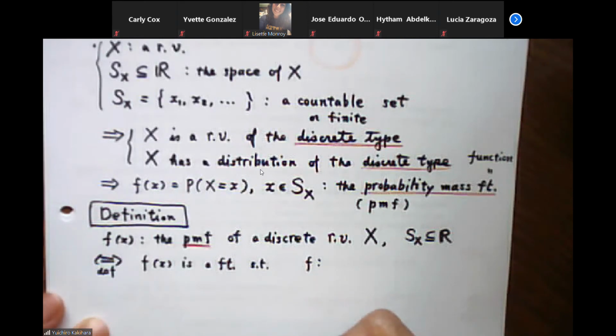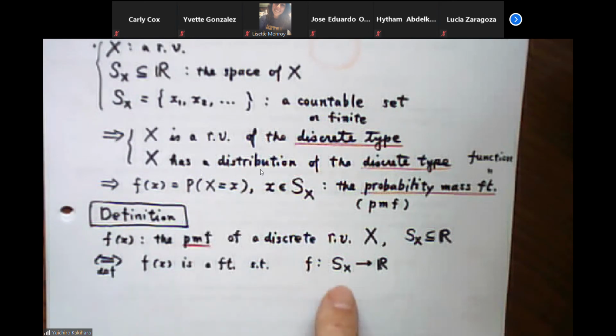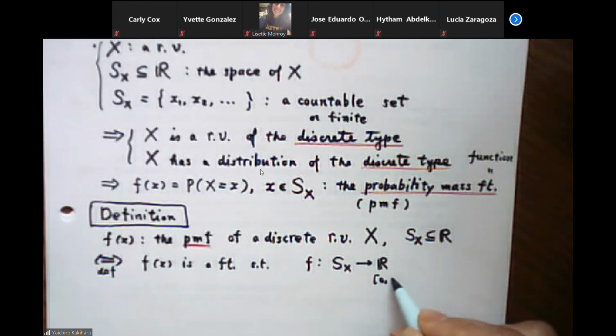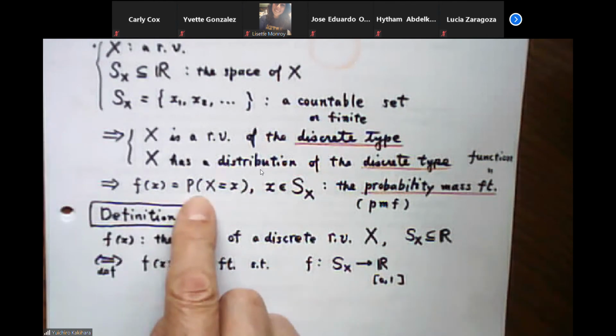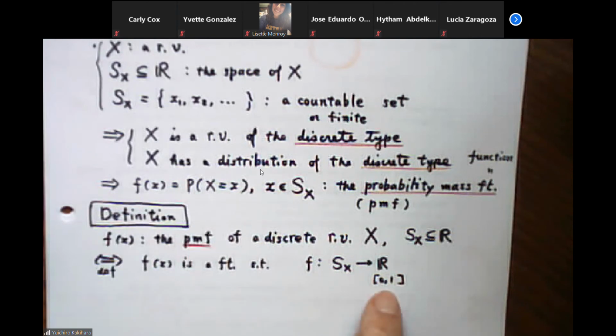What do you think? The space of X to real numbers. Okay? But you can consider this is indicating a probability here. So probability is between 0 and 1, right? So f is a function from S sub x to, we can restrict to 0 to 1. That's okay. Because this probability is always between 0 and 1. So you can write 0 and 1 here. That's okay.